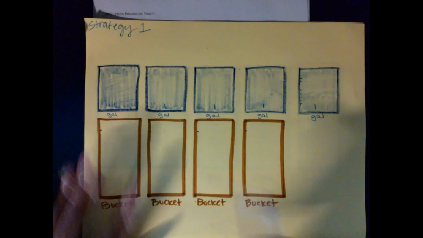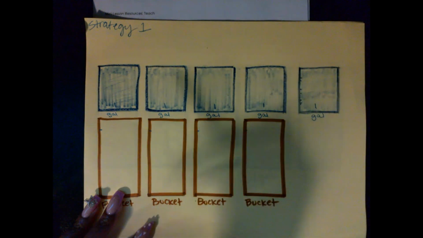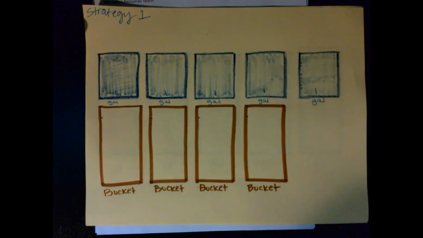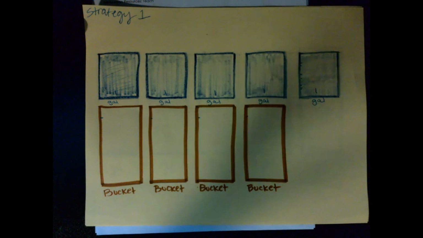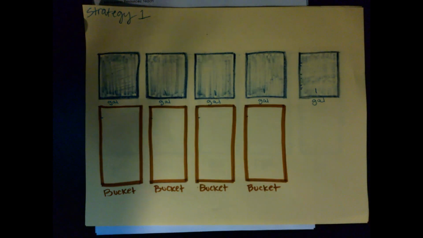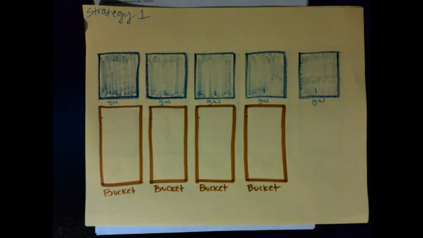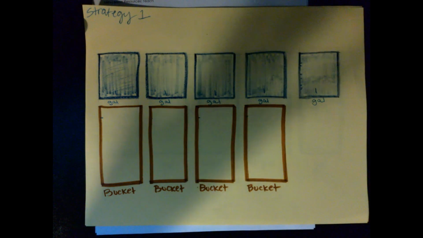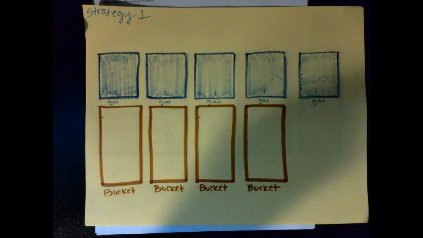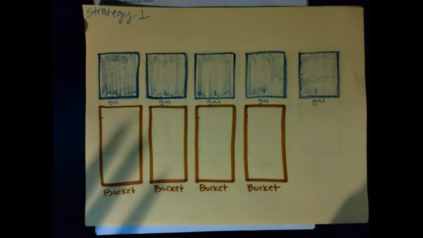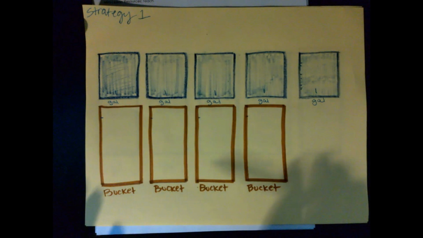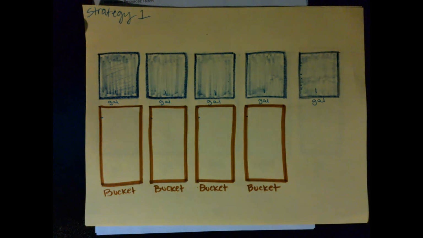Here I have my 5 gallons of water in rectangles, and then I have 4 longer rectangles representing my buckets. Just making an estimate, to make sure that our answer is reasonable, I know that each bucket can hold at least 1 gallon of water, because there are more gallons than there are buckets. So my estimate will be that my answer is going to be greater than 1 gallon of water.